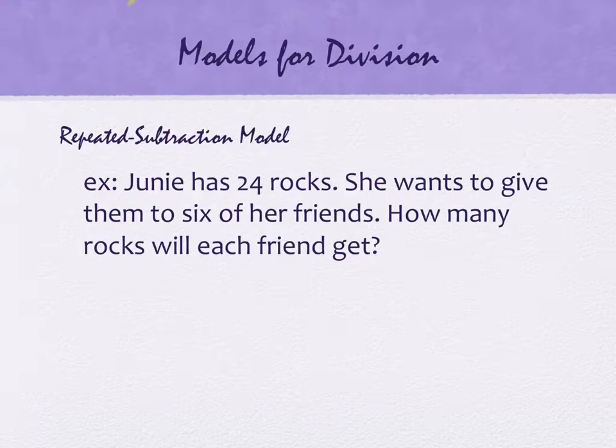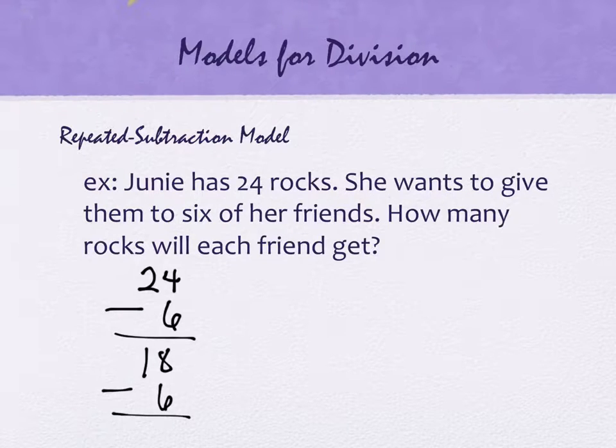So going back to how I described the actual process of this, you have the 6 friends. Imagine them standing there in front of you and you going down the line and they all get a rock. And then you go down the line and they all get another rock, right? And we keep repeating this process until the rocks are gone. Well, every time you do that, you have 6 fewer rocks than you had before. So each time you are repeatedly subtracting the same value. So what is 24 minus 6? 18. And then I do it again. What is 18 minus 6? 12.